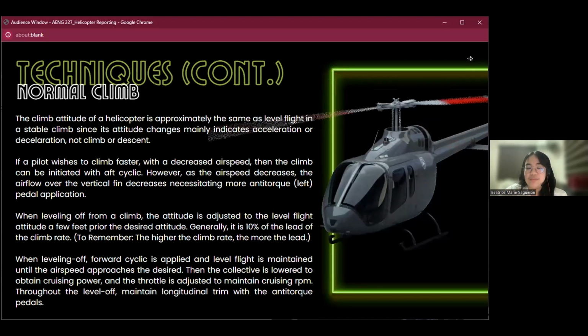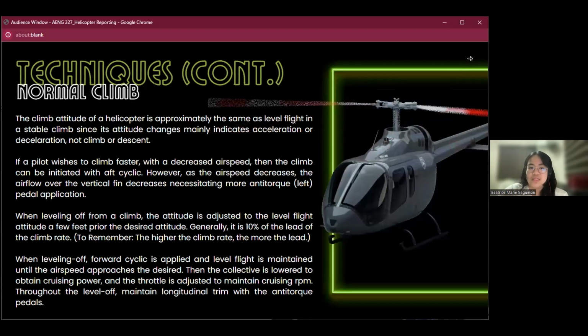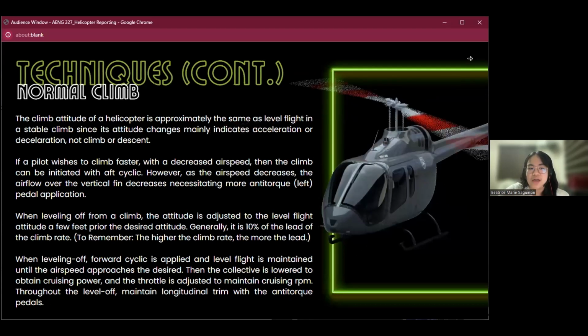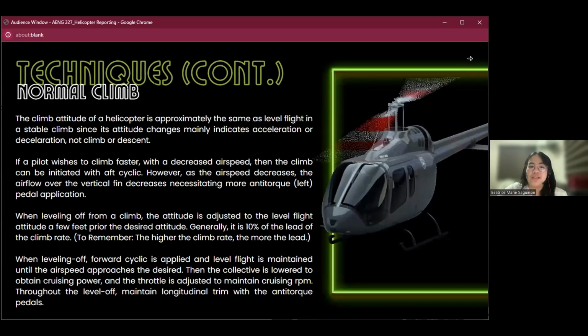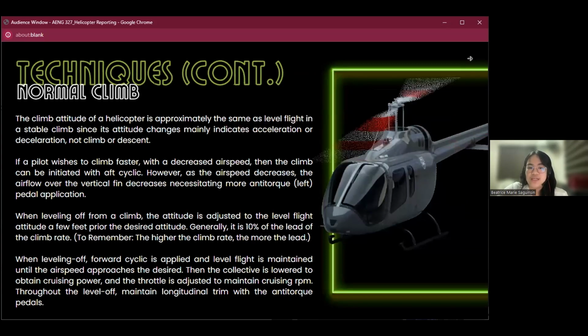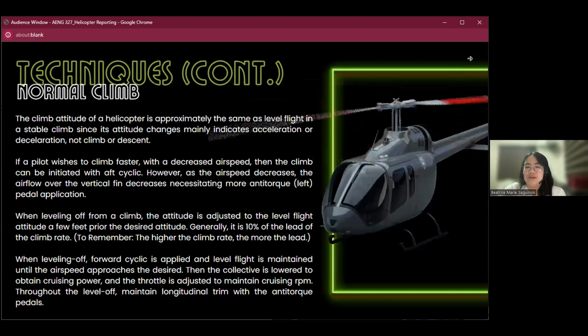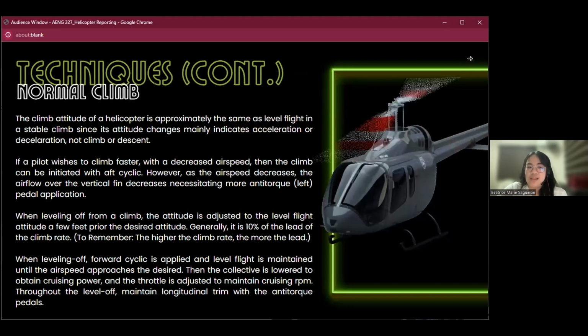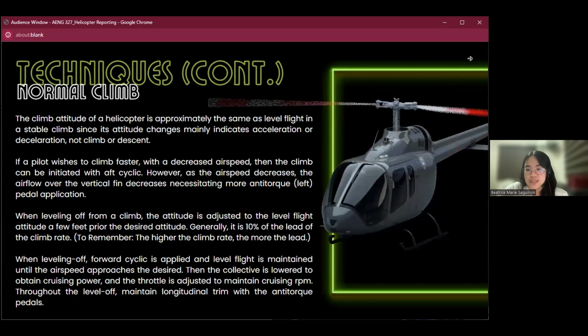When leveling off from the climb, the attitude is adjusted to the level flight attitude a few feet prior to the desired altitude. Generally, it is 10% lead of the climb rate. Remember that the higher the climb rate, the more the lead. So for example, if the climb rate is 500 feet per minute, the level off would be led by 10%, so 50 feet.